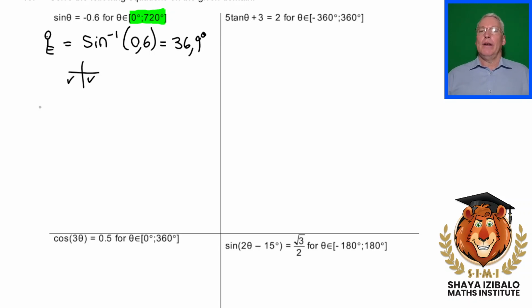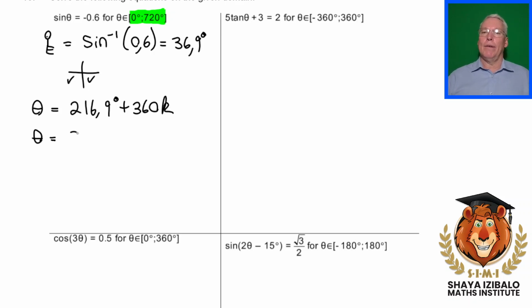So our general solution is going to be theta is 180 plus 36,9, that's 216,9 plus 360k, or theta could be 360 minus 36,9, that's going to be 323,1, also plus 360k. That is our general solution. Don't forget, whenever we write k, we must say k is an element of z.